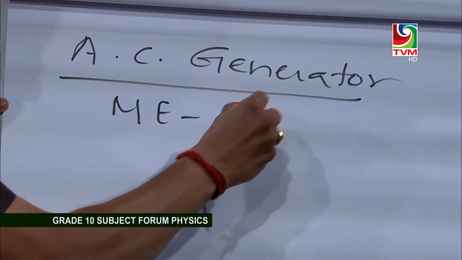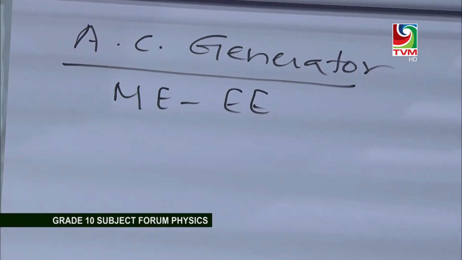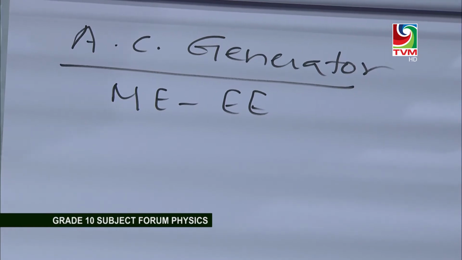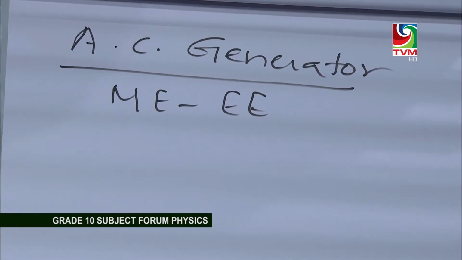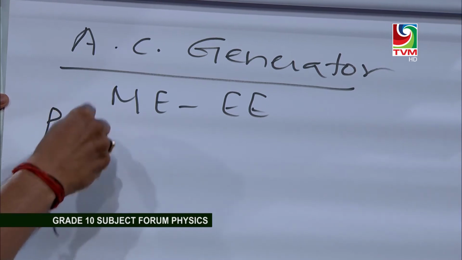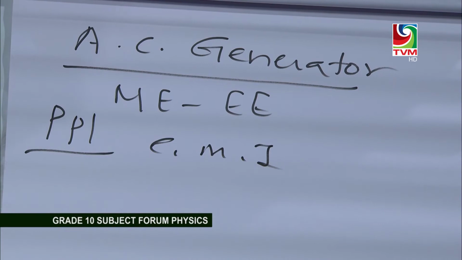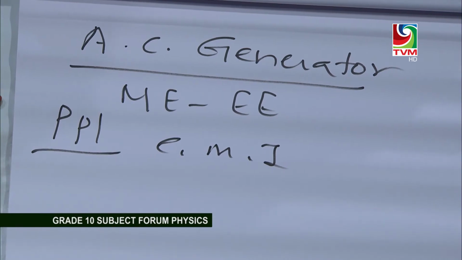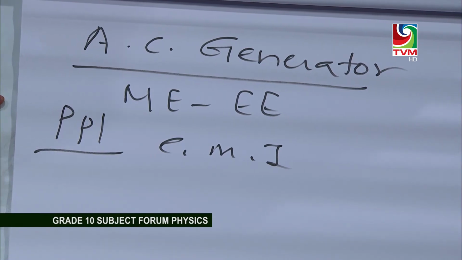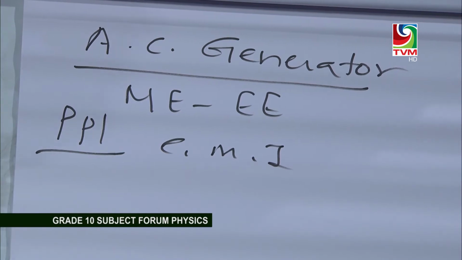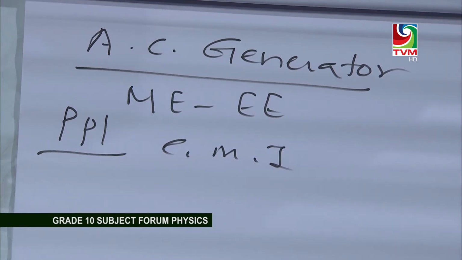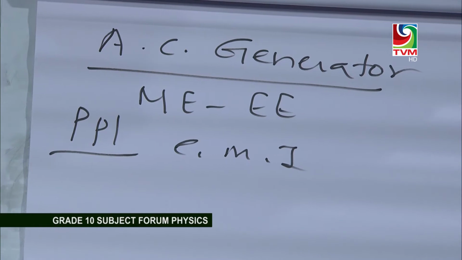A device which converts mechanical to electrical energy is called a generator. What is the principle of this? The main principle is electromagnetic induction. What is electromagnetic induction? When a conductor is moved across a magnetic field, it cuts the magnetic field lines and an EMF is induced in the conductor and the induced current flows through it.